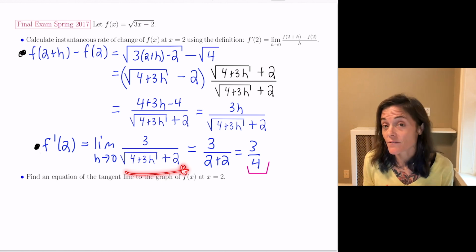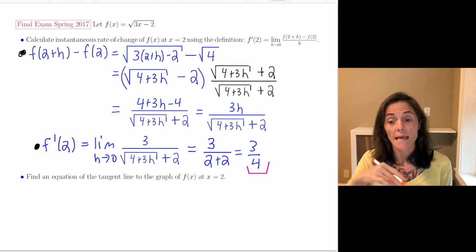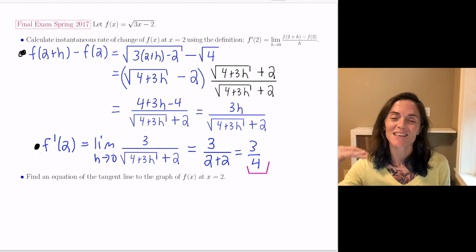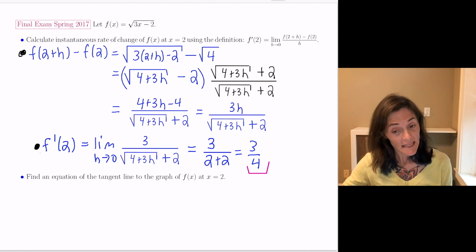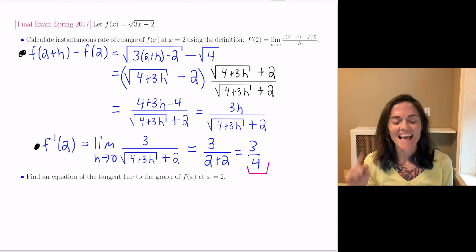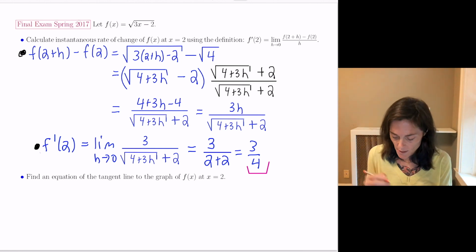This expression is defined at h equals 0, and so we just substitute h equals 0. Really, that's properties of limits. Okay, this is the kind of work I expect to see from you. Equal signs used appropriately. Limit as h approaches 0 is written. Very nice. The second part of this tangent line is very similar to the last one.